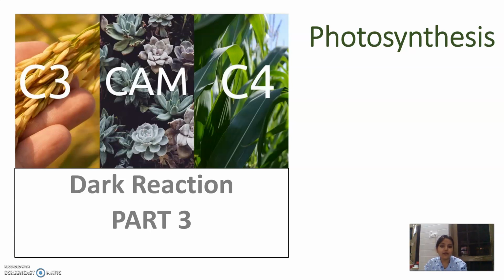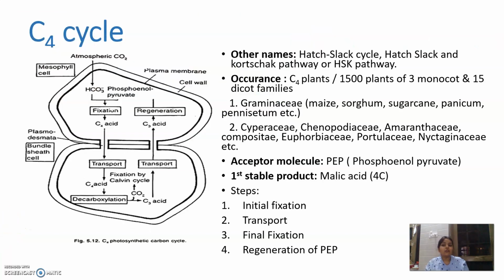The C4 cycle is called the C4 cycle because the first stable product formed in this cycle is a 4-carbon acid, called malic acid. Let's see what happens in this cycle in brief.